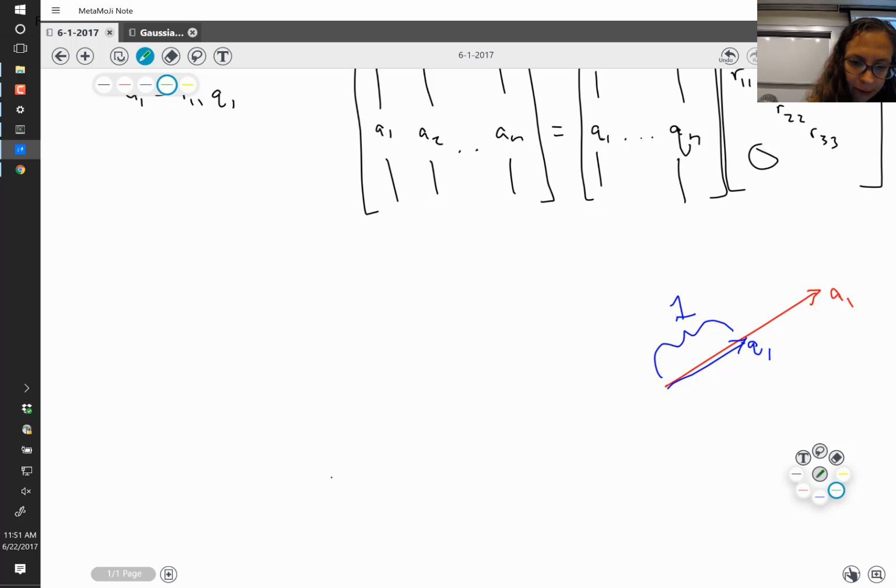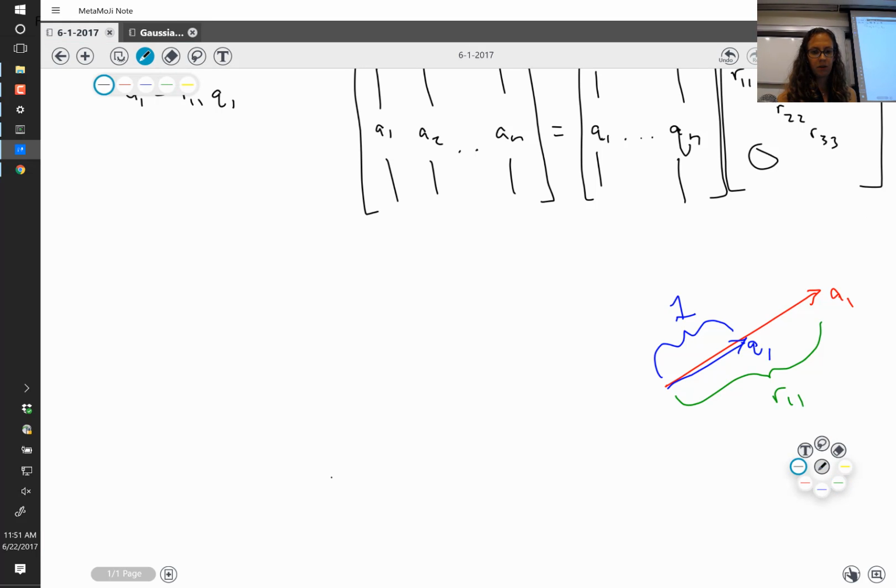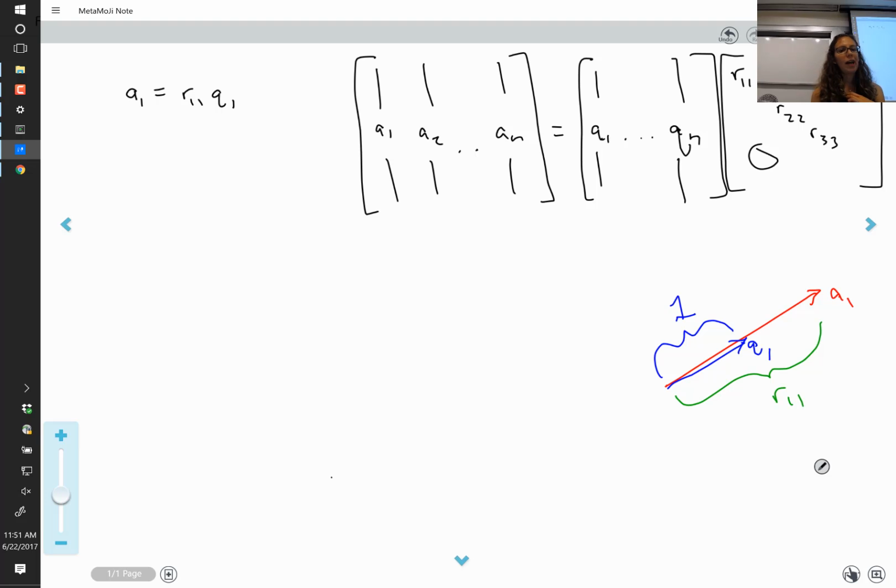And then the length of all of A1 we set to be R11. Okay, so what's the next equation I could write?